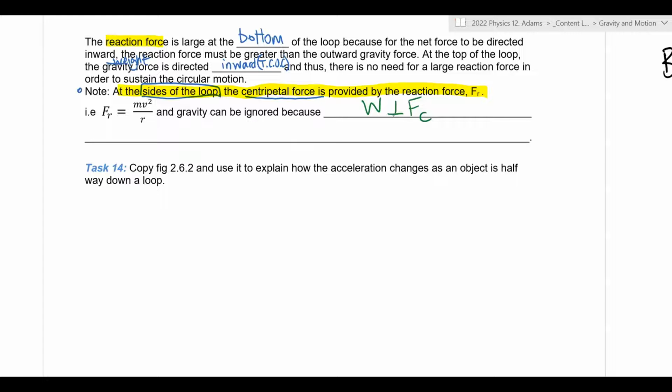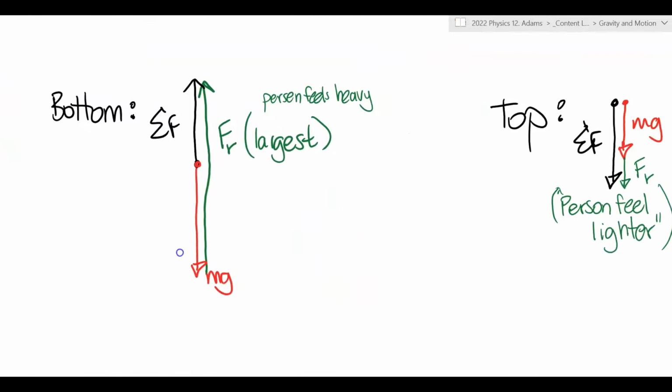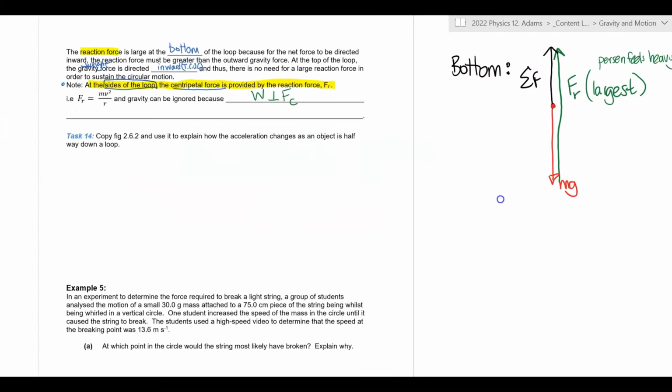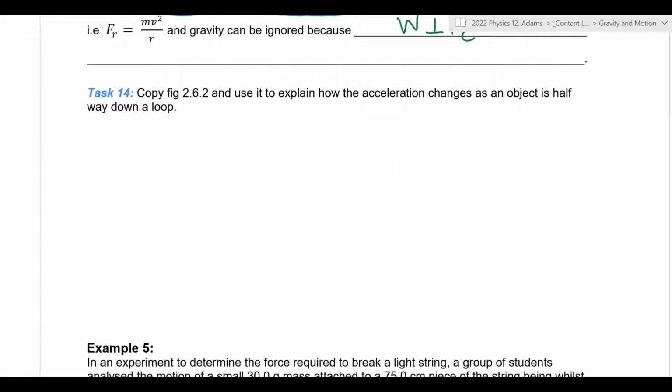All right. Now, before we do an example and before we go to these summary diagrams that I've added extra in here, pause for a moment, go to your textbook and take a moment to do task 14. It's figure 2.6.2.